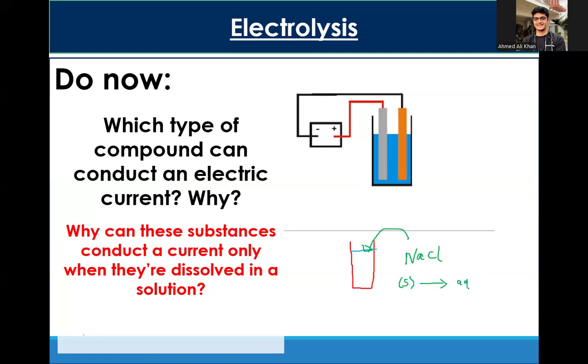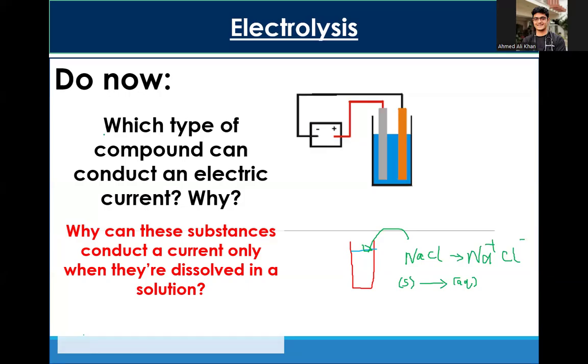And by aqueous, I mean that it will dissociate into its ions. So we'll get the sodium ion, and we'll also get the chloride ion, right? So we'll get two ions, sodium and chloride. Now this sample of water can conduct electricity because it has free ions, right?